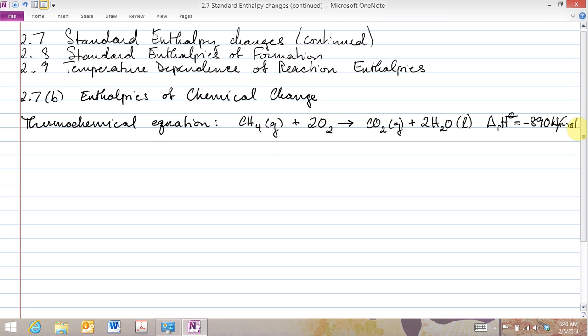This is a combustion reaction. We have a substance reacting with pure oxygen, which yields carbon dioxide and water. Here, delta R H naught, with a line through it, is called the standard reaction enthalpy.